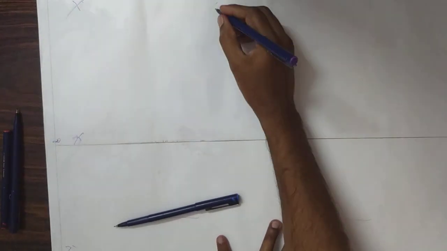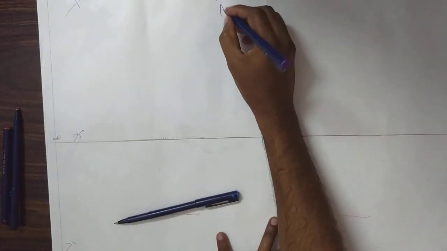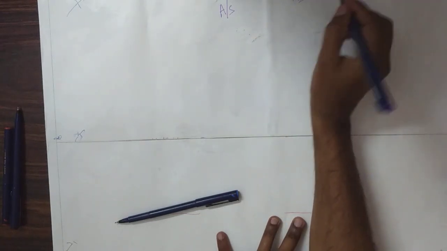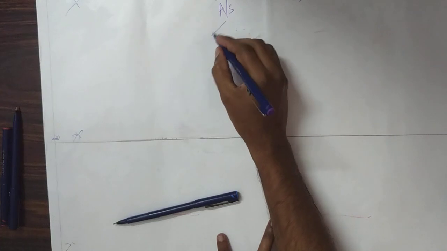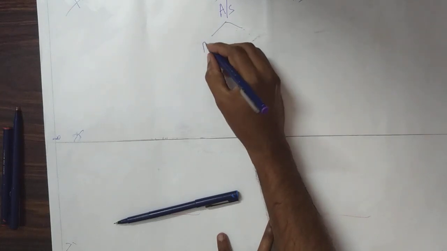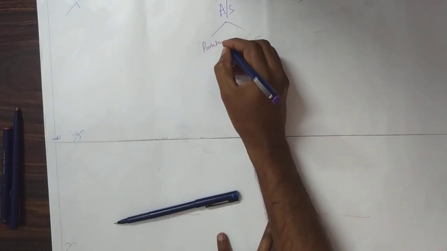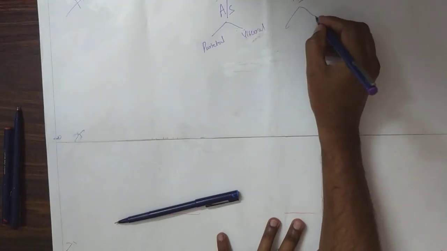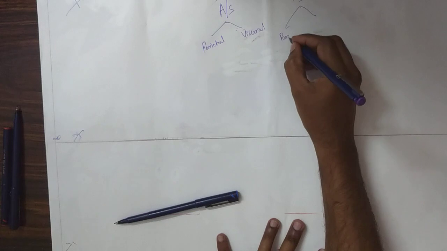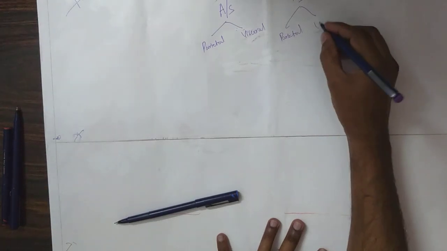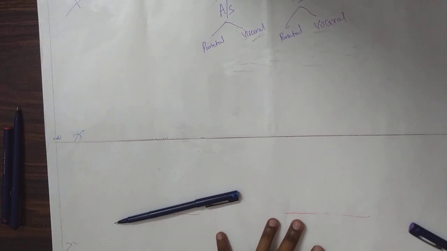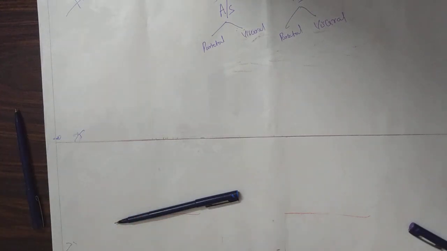Then next we have arterial supply and nerve supply. You have different arterial supply for the parietal pleura and visceral pleura. Same thing, nerve supply is different for parietal and visceral pleura. So what is the arterial supply for the parietal pleura?